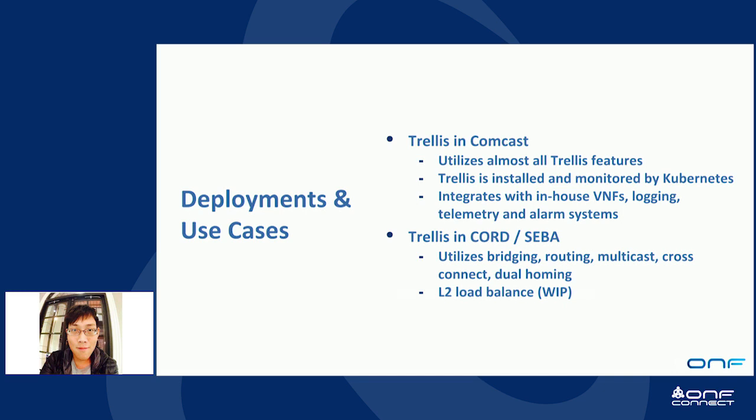And then Trellis can also be used as part of two other ONF platforms, CORD and SEBA. CORD and SEBA, they don't use all the features mentioned above. The features utilized in CORD and SEBA are bridging, routing, multicast, cross-connect, dual homing, and we are also trying to implement L2 load balancing that SEBA is going to need in the future.